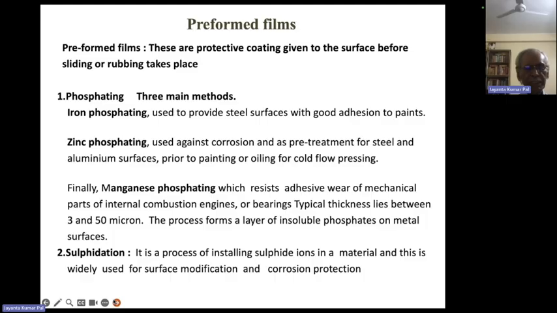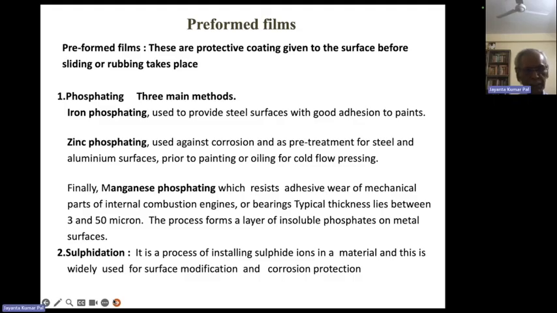Zinc phosphating is again used for protection against corrosion, and again it's a pre-treatment for steel and aluminum surfaces also, prior to painting or oiling for cold flow pressing.